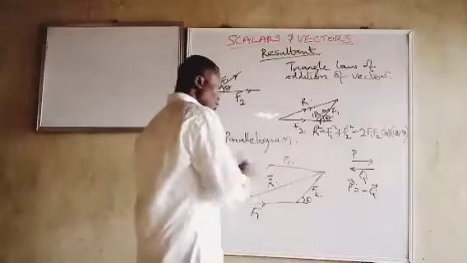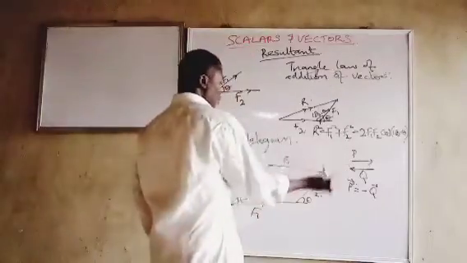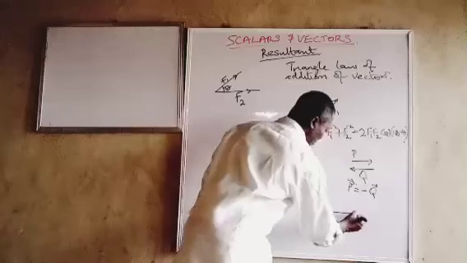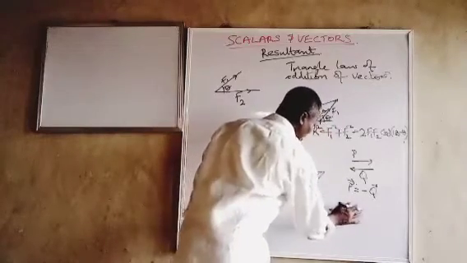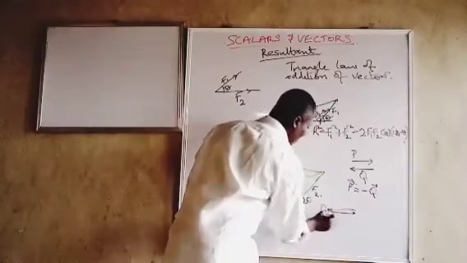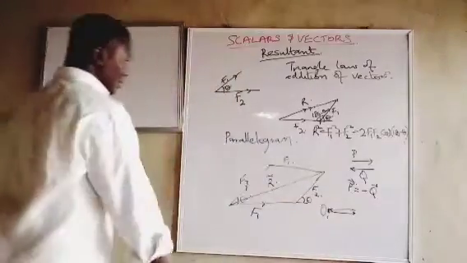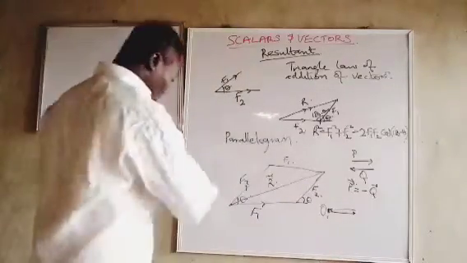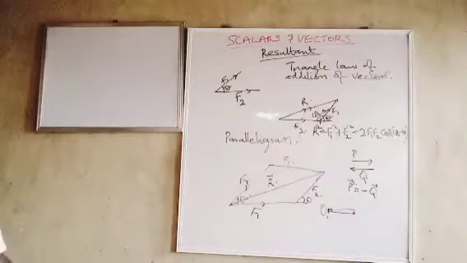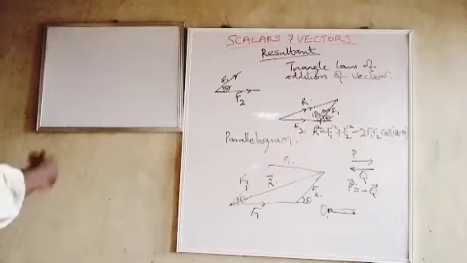Parallel, equal, but in opposite direction. If P goes like this and Q comes like this and they are the same size, at the end of the day, you have zero vector. That's what it means.